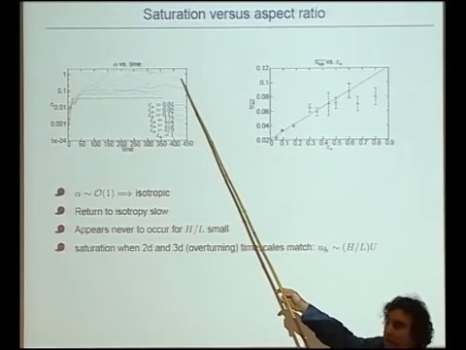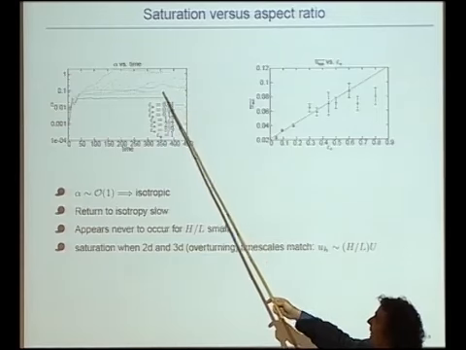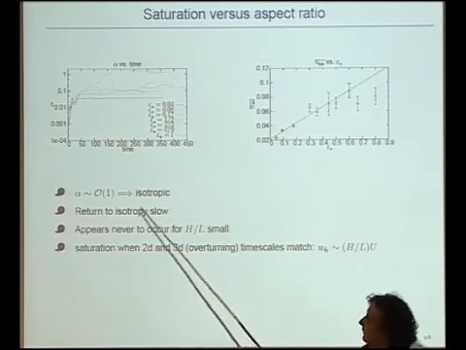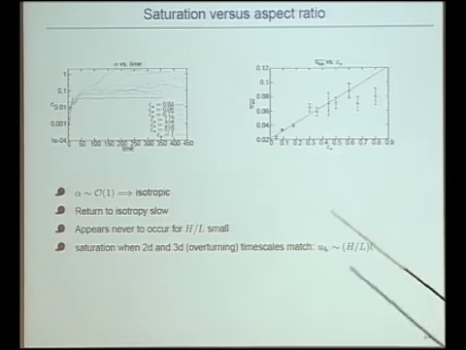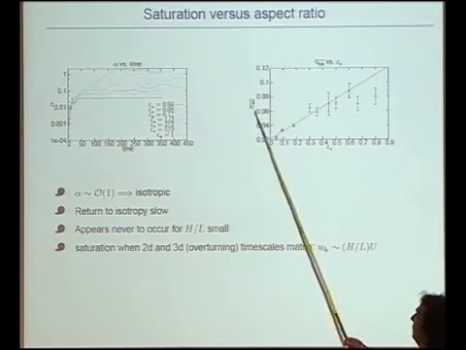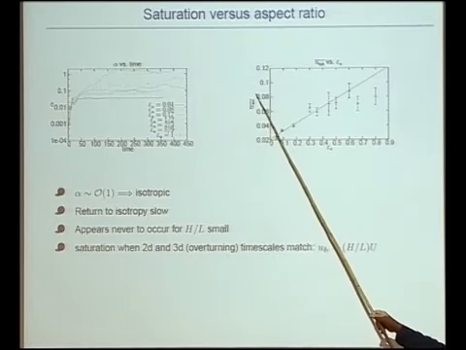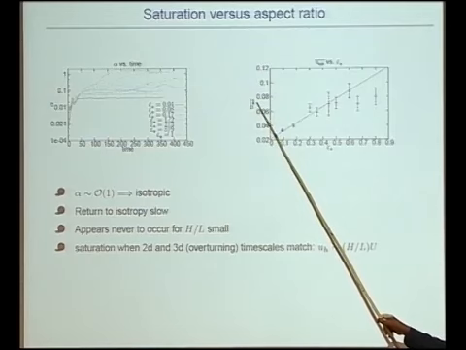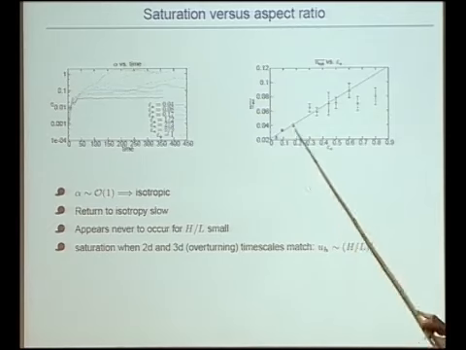It took 200 eddy turnover times for that to happen. Even for an aspect ratio of like 2/3, it's just barely happening here at the end, right? And a half is here, and so forth. So it looks like for these thinner aspect ratios, the whole thing may decay before it ever returns to something that's isotropic.